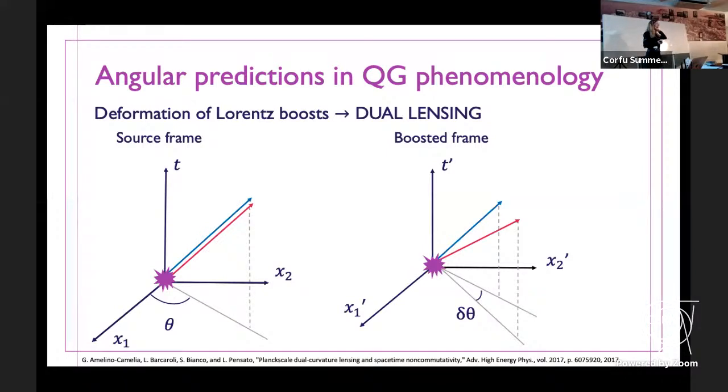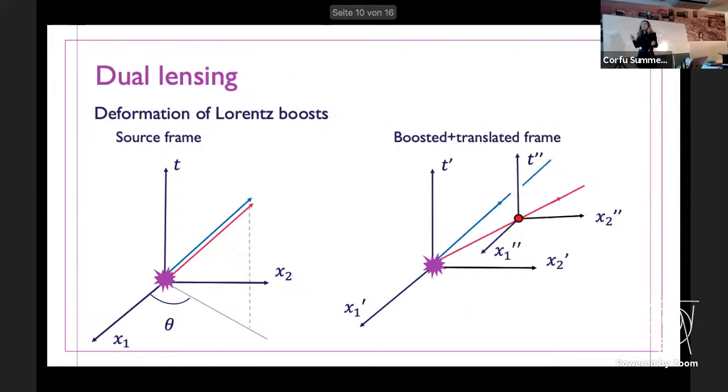So if we neglect quantum gravitational corrections for the soft photon, essentially this effect will be proportional to the energy of the hard photon. Now, what does it mean?